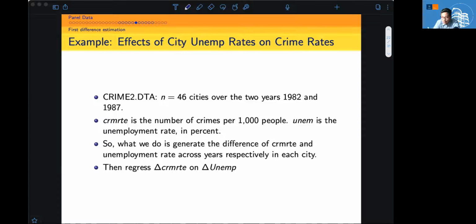Before we discuss any further, let's have 30 seconds to think about what the effect of unemployment on crime rate would be. Would a higher unemployment rate increase the crime rate, or decrease it? It's more intuitive to hypothesize that a higher unemployment rate is going to lead to a higher crime rate, but we never know until we actually do the estimation. So let's do the estimation using the crime data, and we're going to go to Stata now to identify that.